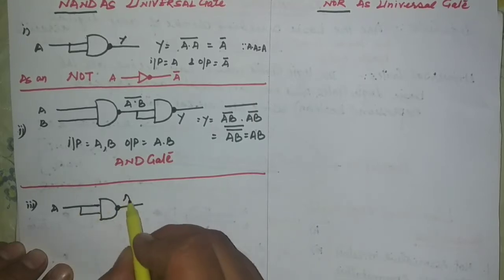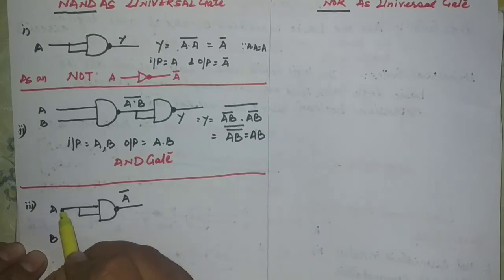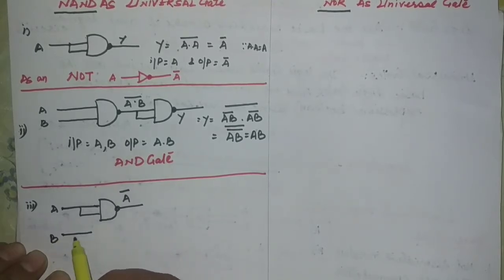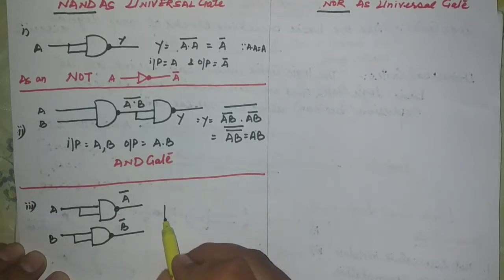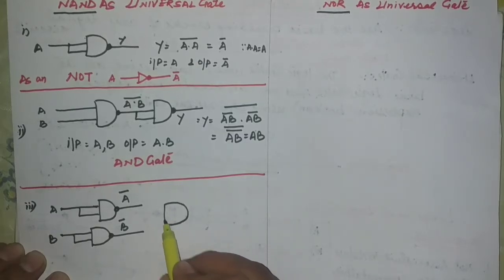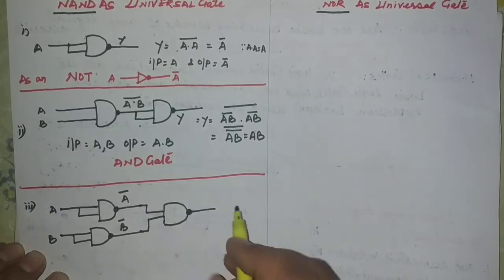We will get here obviously A complement according to this. Now consider this as a second input B. Again this is a NAND gate. Now the output is here B not. Now again consider one NAND gate. Now it has two inputs.